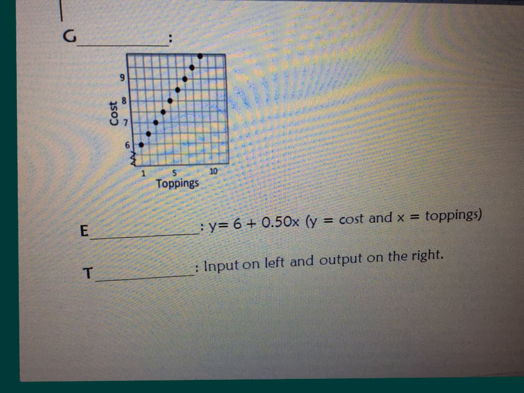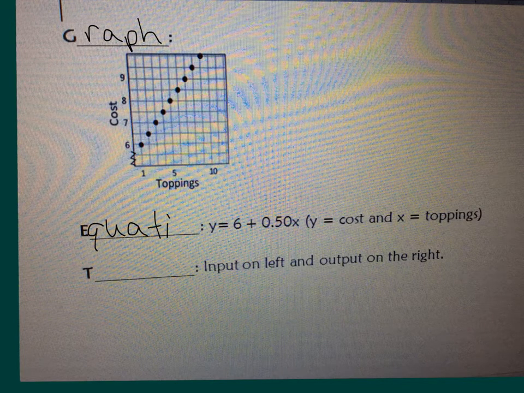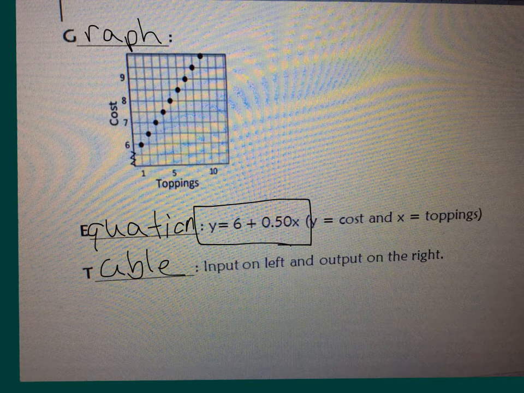Okay, so here's a quick overview of the GET part. Again, this stands for graph, equation, and table. This all deals with the same function. We're all talking about a pizza and cost and toppings. As you notice, this graph up here is increasing because our equation here represents an increasing function.